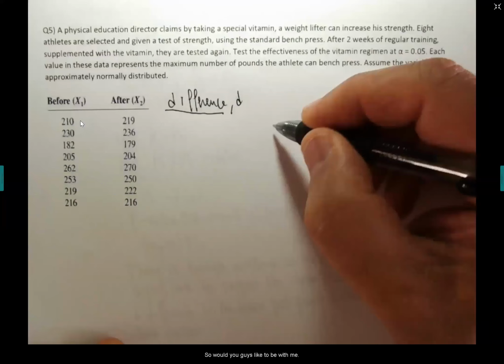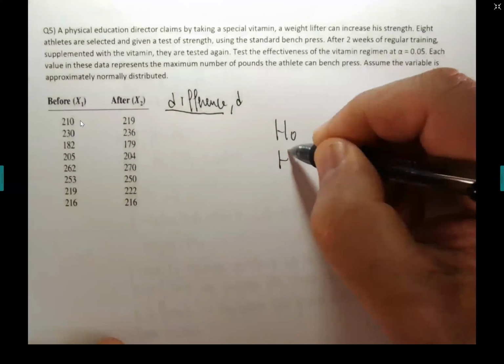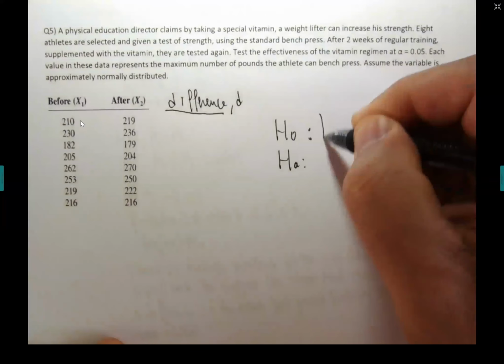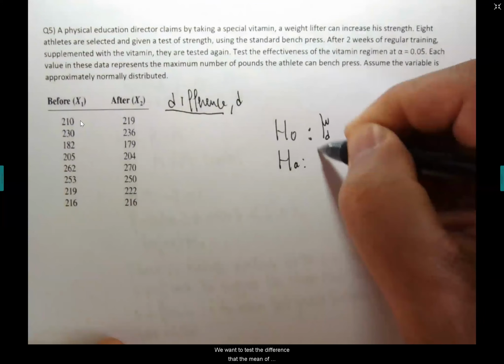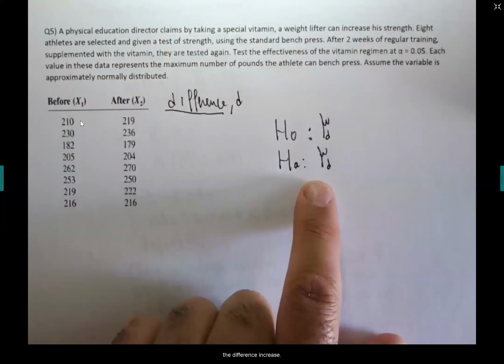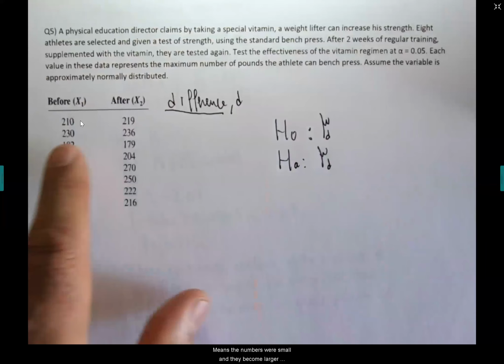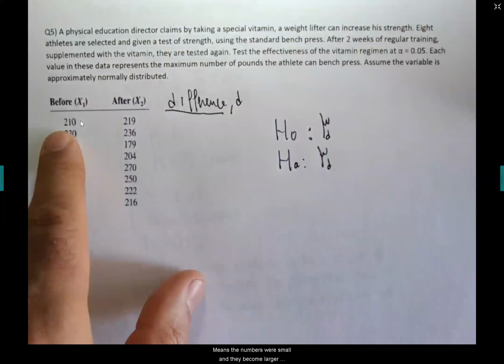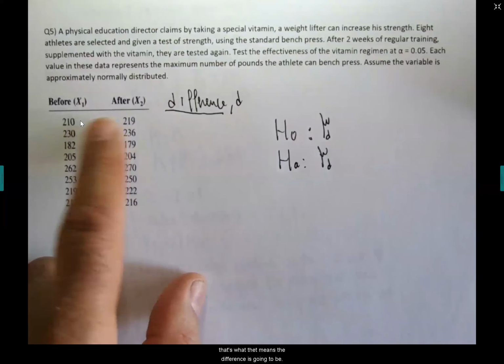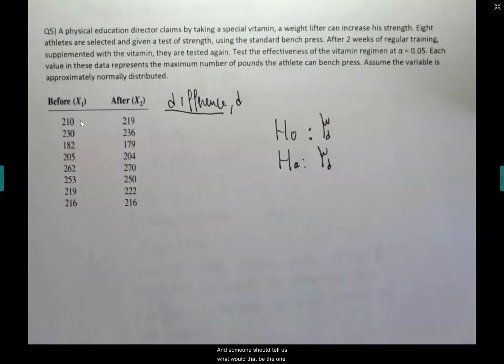So the claim, a weightlifter can increase his strength. Would you guys agree with me that we want to test the difference, that the mean of the difference increase means the numbers were small and they're becoming larger. That means the difference is going to be, can someone shout it at us?